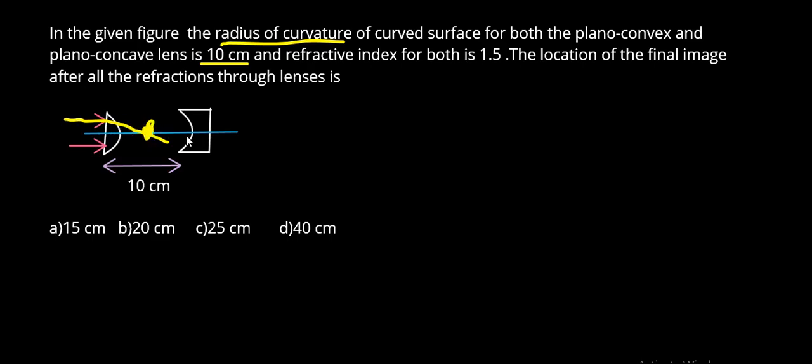We have to find the focal length f of the first lens and the focal length of the second lens, so that we can find the final v, that is, the distance of the final image where it is formed. Let us move on and solve the question.